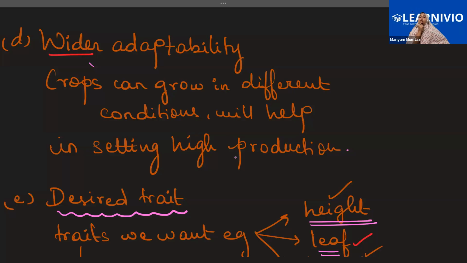But if your crop was an improved variety, then it can grow in that type of soil and this new type of soil also. So this is what is meant by wider adaptability, meaning it can adapt to new situations better.